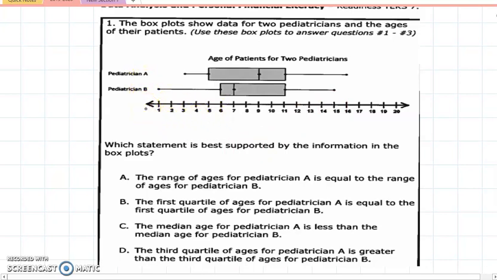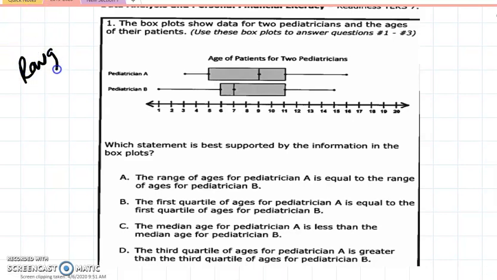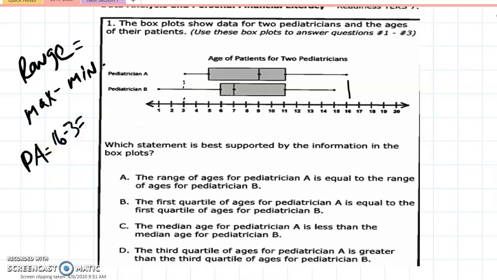First of all, there are some things you need to know. Like the range. The range is found by subtracting the minimum from the maximum. So the range is the max minus the minimum. So for penetration A, the range would be 16 minus 3, which gives me 13.